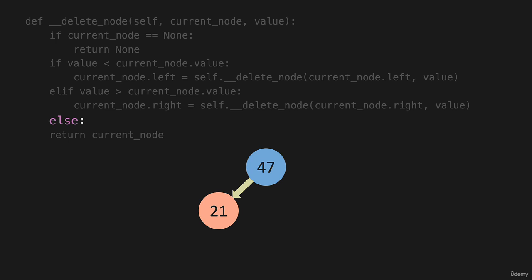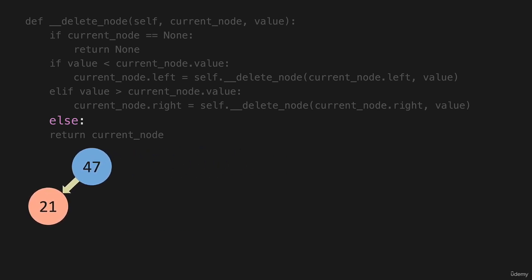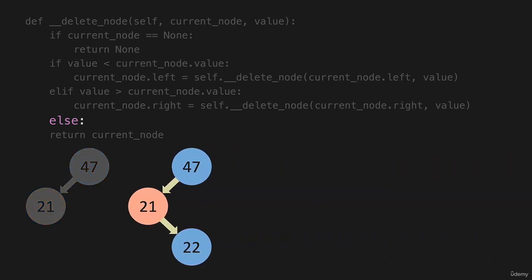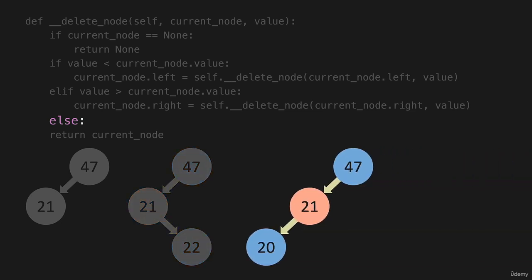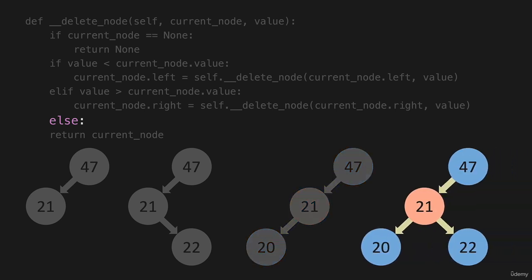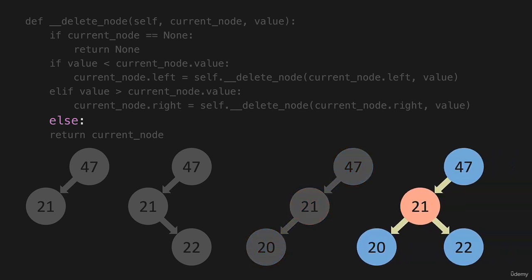We have to code for this situation where we're deleting a leaf node. We have to code for when we have an opening on the left but a node on the right. Then we need to code for when we have a node on the left and an opening on the right. And then we need to code for when we have nodes on each side of the node that we're deleting.